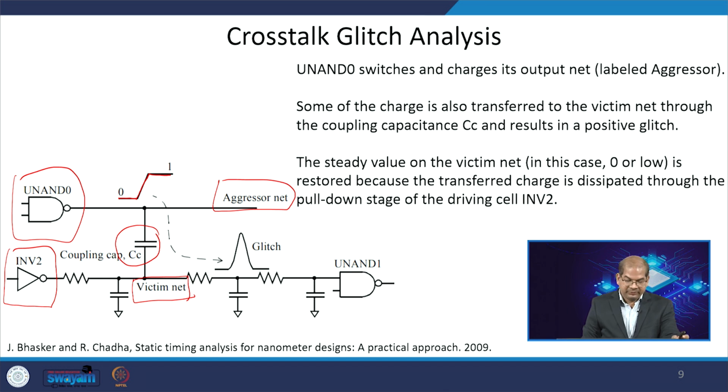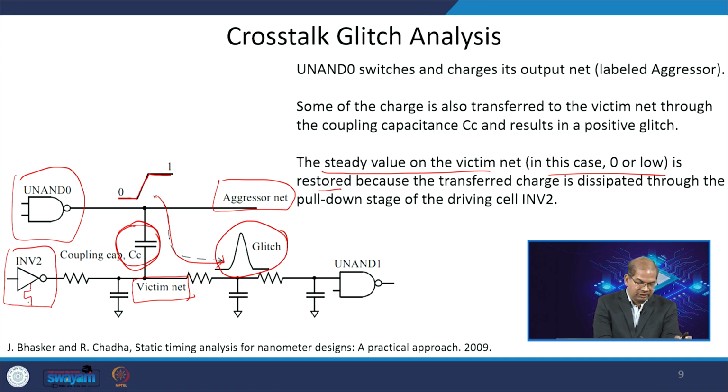So, some amount of charge is transferred to the victim net through these coupling capacitors. The steady state value of the victim net in this case is 0, or a low is restored, because there is a fight between this glitch and the pull down network.